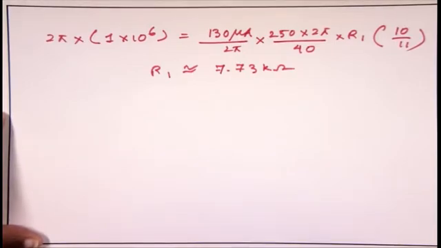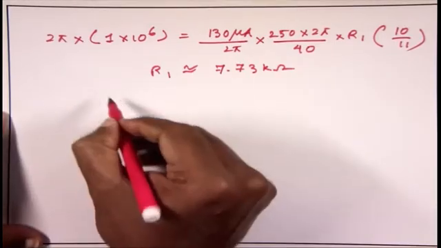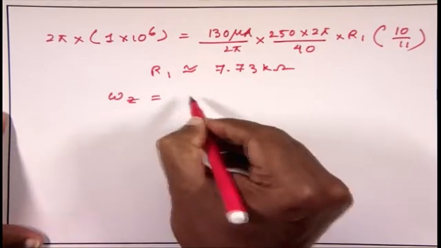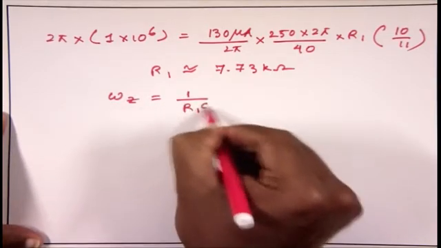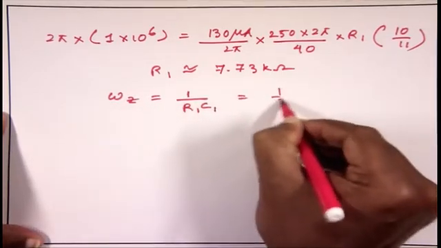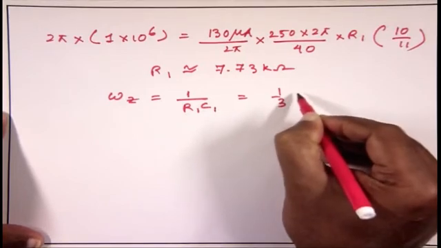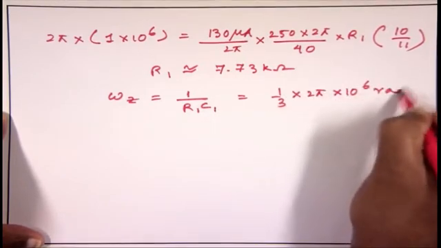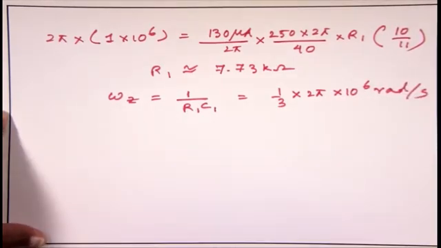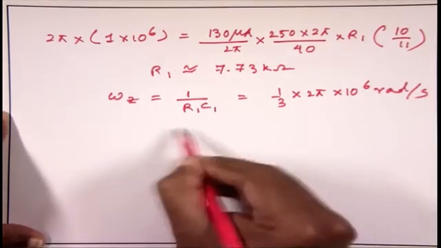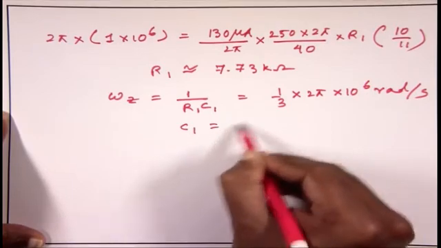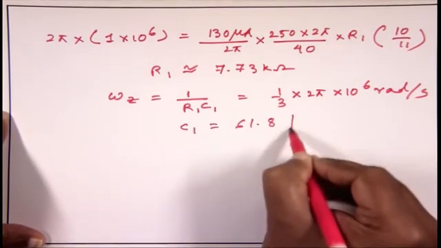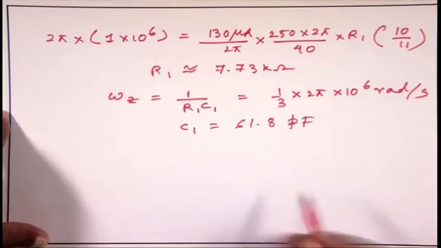So you got the R1, and you know the second thing, that omega z is equal to 1 by R1 C1, and omega z is nothing but 1/3 of a megahertz. That means 1/3 into twice pi into 10 to the power 6 radian per second. So you know the R1. So you calculate C1. C1 comes to around 61.8 picofarad. If you calculate, it will be easy.